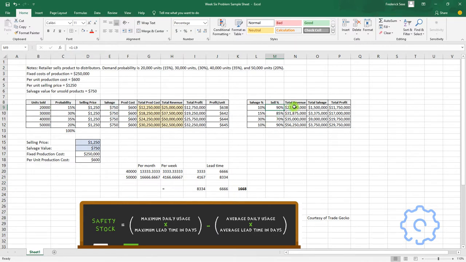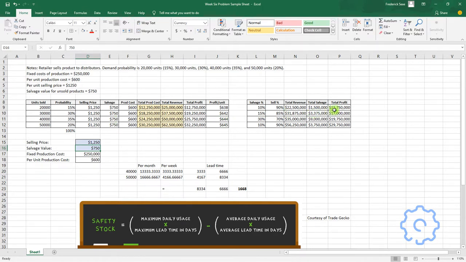Total salvage is the salvage percent multiplied by the total number of units sold, multiplied by the salvage value, which is either here or down here. Once again, you could get rid of this column and just have everything linked to the cell. I like to do this in the event that I have different salvage levels for different types of products, but you can do whatever you want.